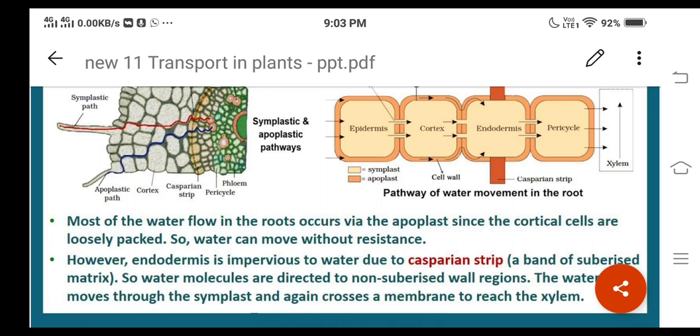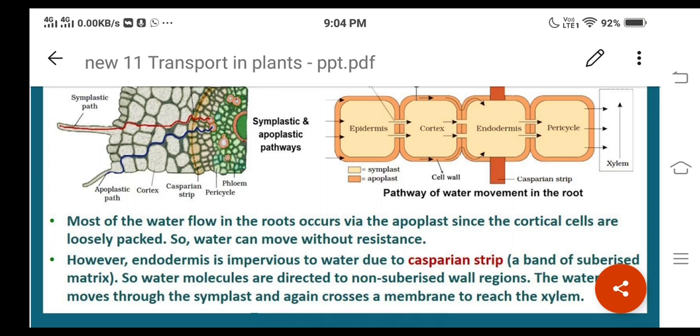However, the endodermis is impervious to water. In the endodermal region, we call it impervious. It means it will not allow water to pass through it. This is mainly because of the presence of Casparian strips or Casparian bands, which are nothing but a band of suberized matrix.